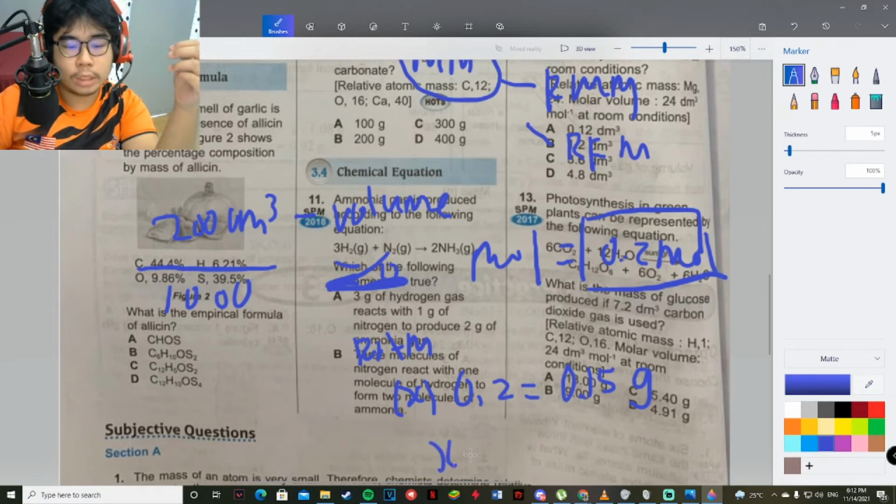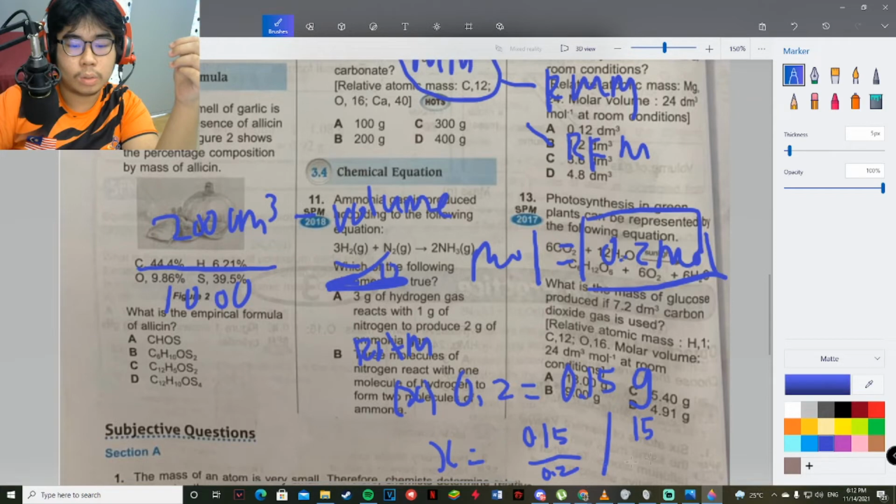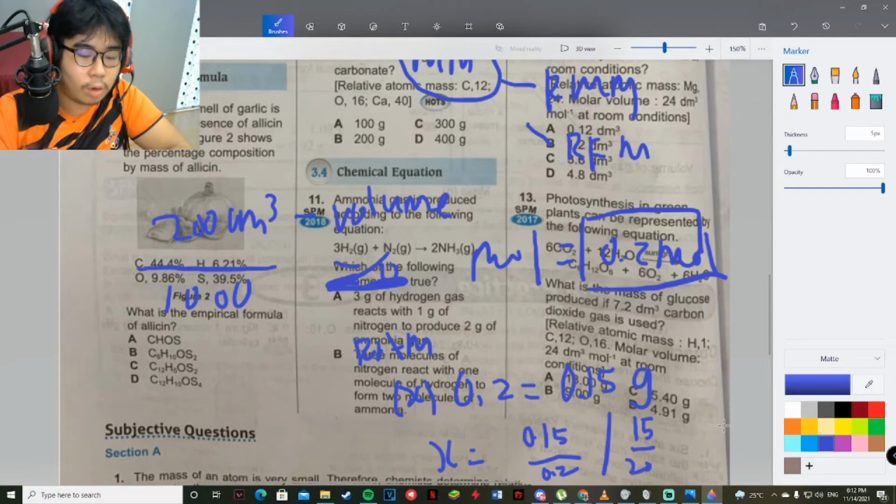So X actually equals 0.15 over 0.2. You will get 15 over 20. So 15 over 20, you are supposed to get 0.75.